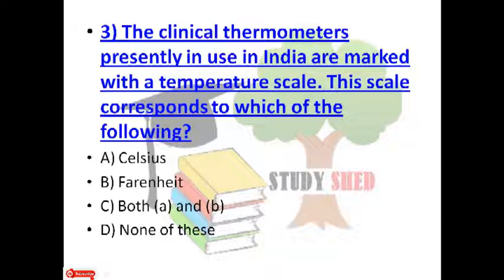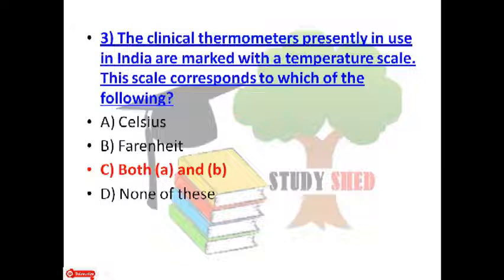Previously I've told you that multiple choice questions run your brain and make you really quick and smart. If you have guessed this answer correct, then give it a thumbs up. Okay, let us reveal the answer. So the answer is both A and B. Since we had discussed previously that the units of temperature are Celsius and Fahrenheit, both A and B are correct.